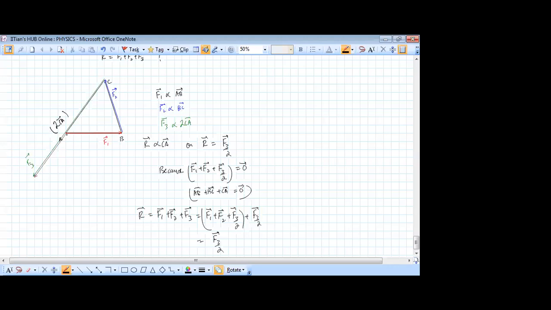So the resultant of F1, F2 and F3, where F3 is proportional to twice of CA, will now be this vector from the origin of F1 to the head of F3. That's why it's becoming F3 divided by 2. So that is, it is proportional to CA.